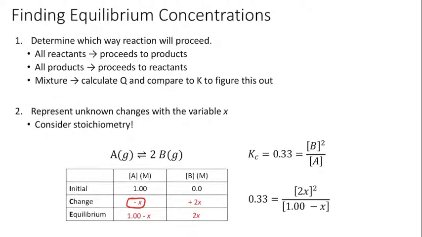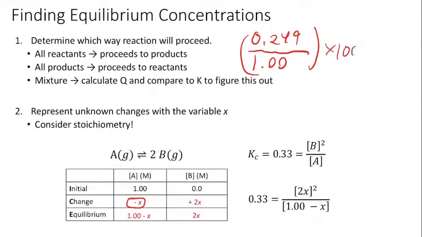Well, how do we know if x is small enough? The real answer is if you take the value of x, which we got, you recall, 0.249, and divide it by the initial concentration of that reactant, which is 1, and multiply that by 100.